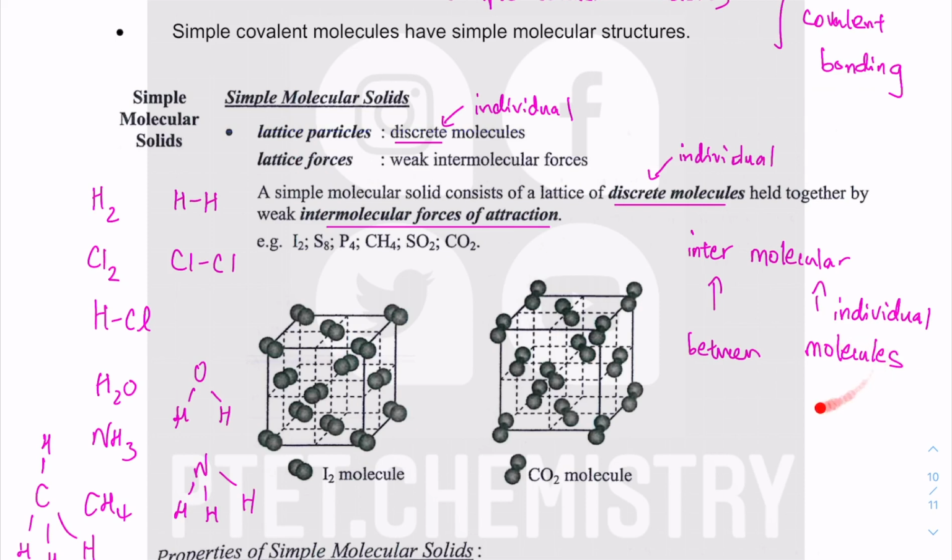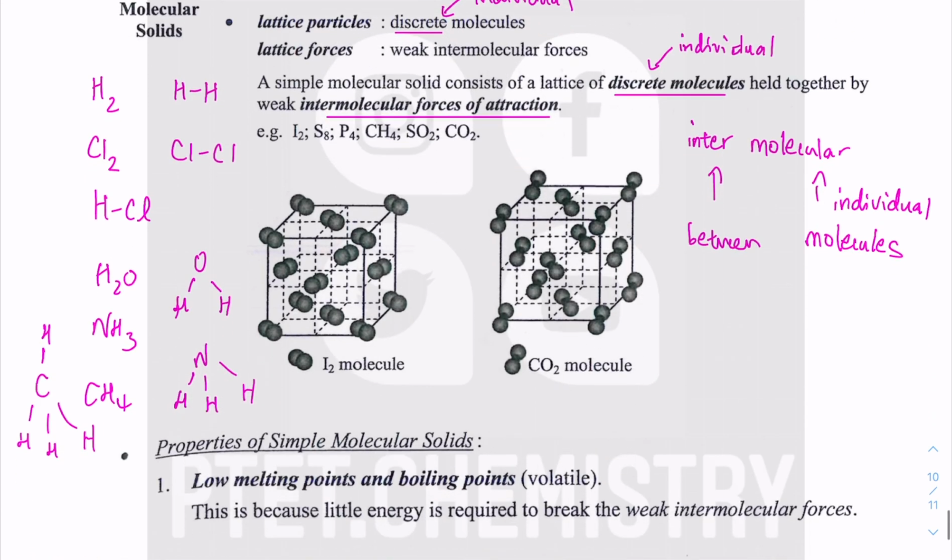That means these things must have simple molecular structure or simple covalent structure. As you could see here, this is an example of I2 molecules. The two iodine atoms are bonded together, just like chlorine, because iodine is also a group 7 element. Group 7 elements don't exist as the atom, because the atom has only 7 outer shell electrons.